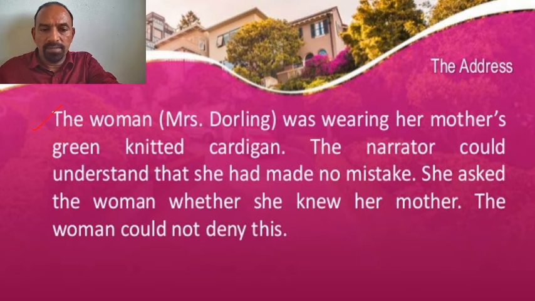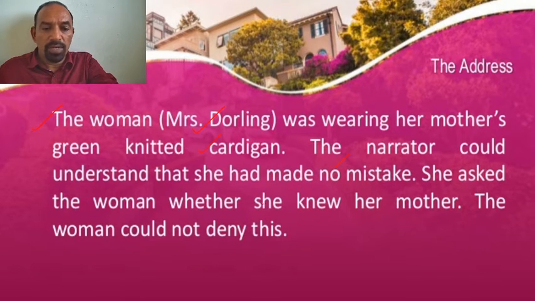The woman from inside the house, that is Mrs. Darling, was wearing her mother's green knitted cardigan. The narrator noticed the woman was wearing her mother's old knitted cardigan, a woolen cloth. The narrator could understand that she had made no mistake.